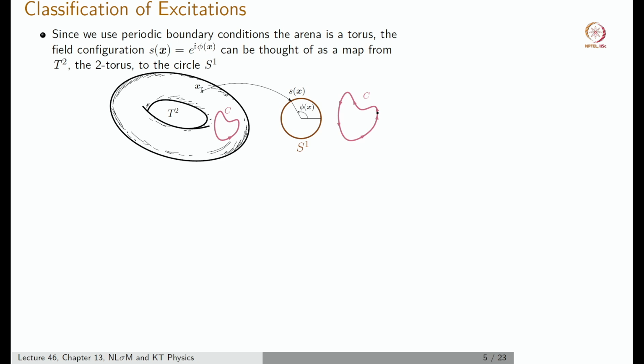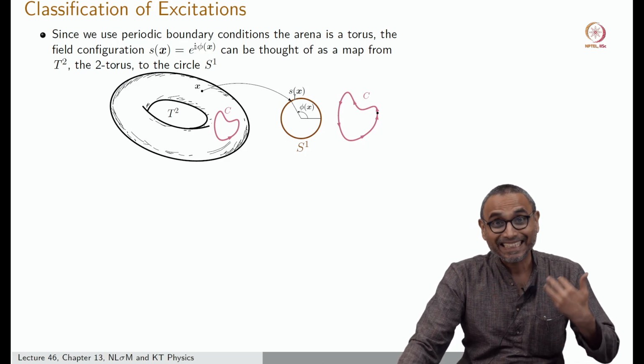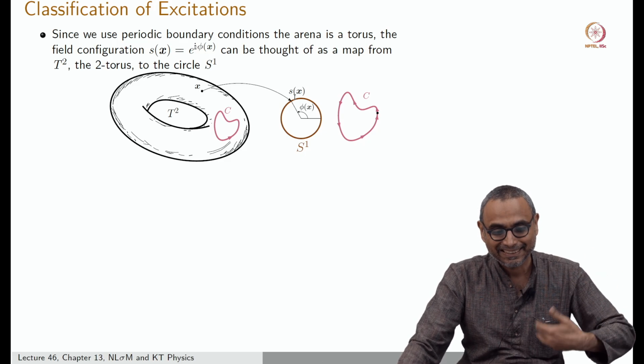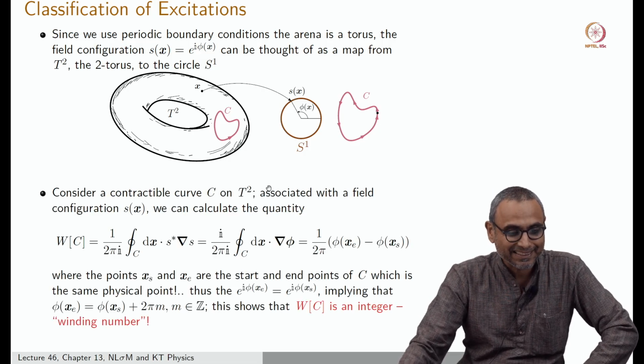There is a point x, and I am giving you a complex number S of x, which is written as e to the i phi of x. So it's described by something living on the circle. So a field configuration must be thought of as a map from the torus to this. So now I want to characterize the excitations in the system, namely I want to characterize these S of x fields in a certain way.